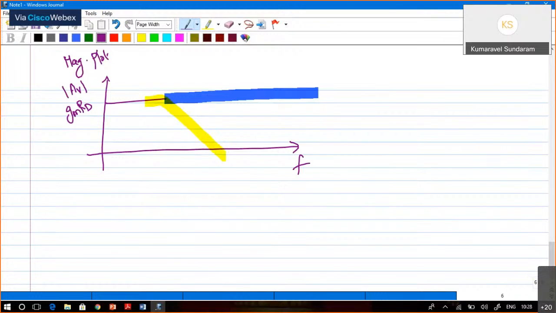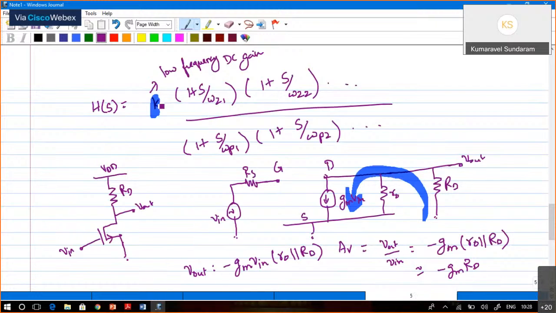So there comes the parasitic capacitors. Now we'll go back to the transfer function. Yes, exactly, capacitors. So now we have seen in MOSFET the high frequency model of MOSFET. So we have got CGD, CGS.